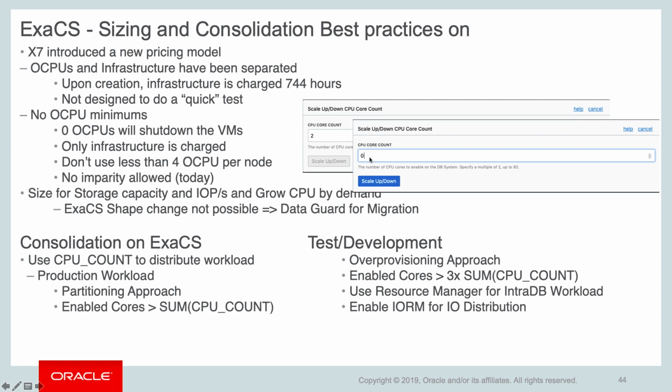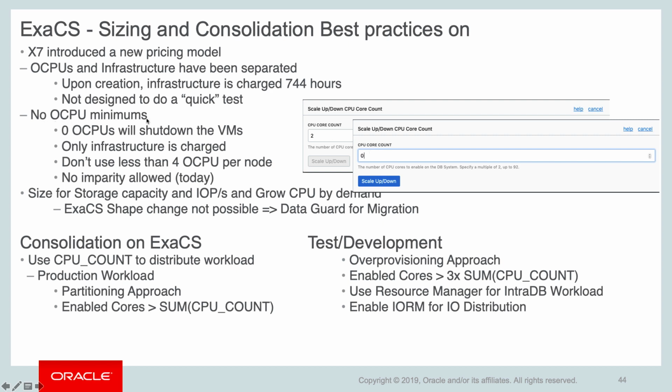Bringing it down to 0 will shut down the VM, and you won't be charged for the database OCPUs, but the infrastructure component will still be charged. So there are two pricing components. One is for infrastructure, the other one is for database OCPUs. The console provides you a way to scale it up or down. The same thing can also be achieved through the command line interface.